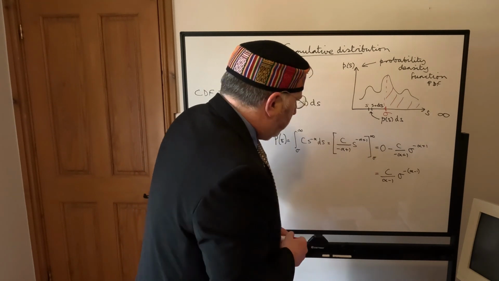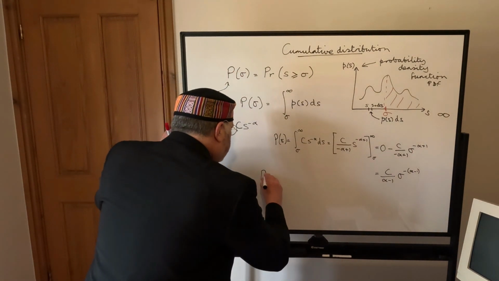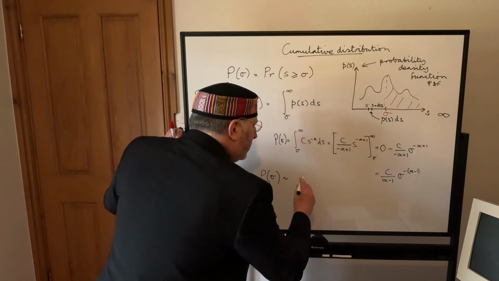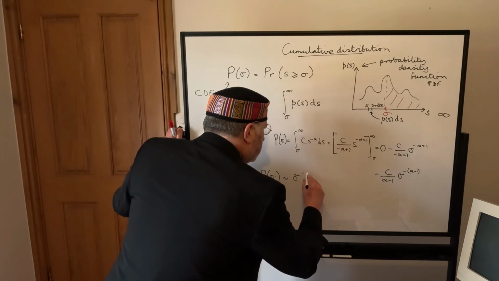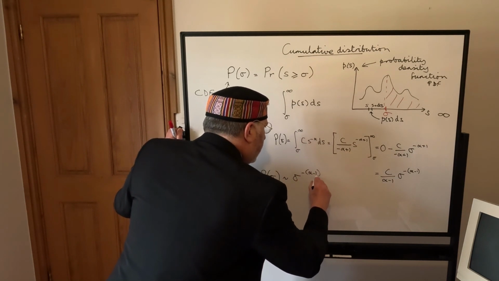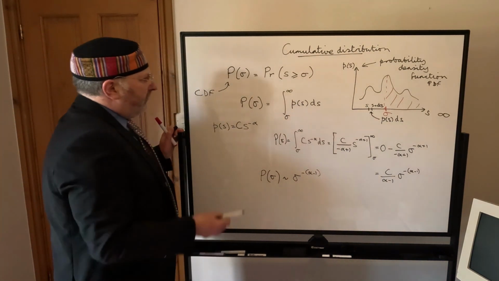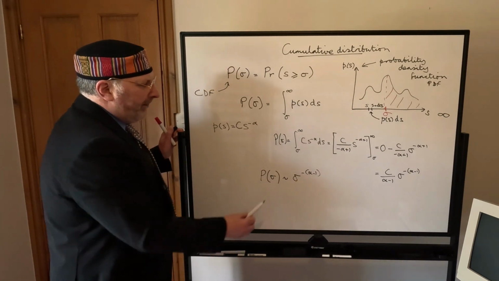And we can now say from this then that, just putting it up again here, P of sigma is proportional to sigma to the minus alpha minus 1. So in other words, the cumulative probability is also a power law.